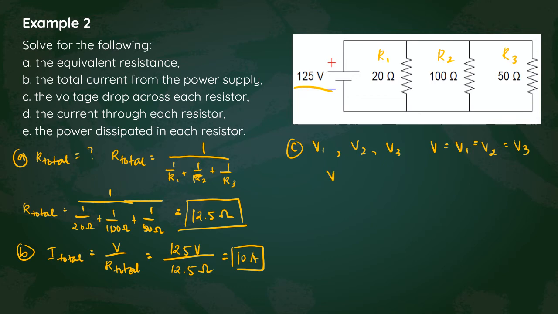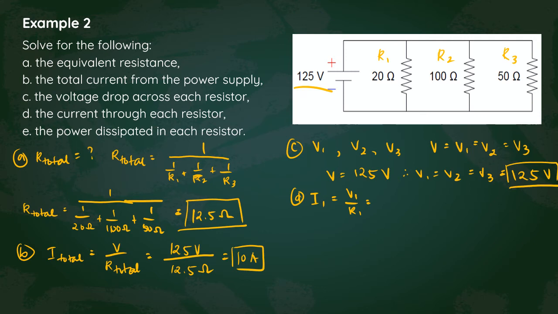Therefore, if V is equal to 125 volts, then V1, which is equal to V2, which is also equal to V3, will be equal to 125 volts. Now for D, what will be the current flowing through each of the resistors? So that's current for 1. So I1, using Ohm's law, will be V1 over R1.